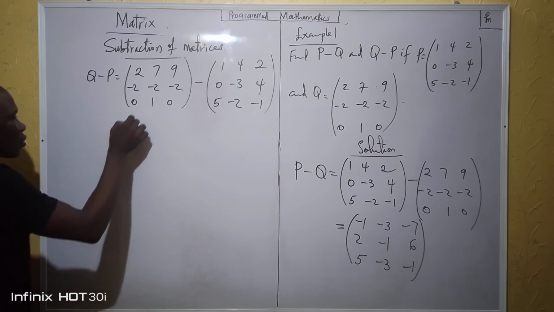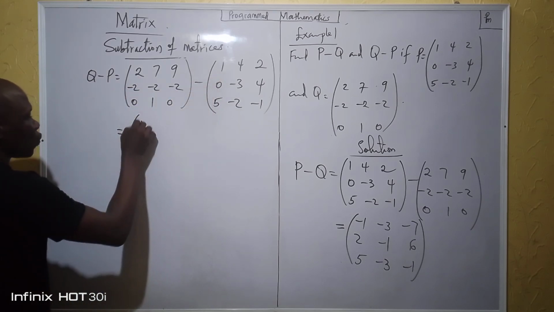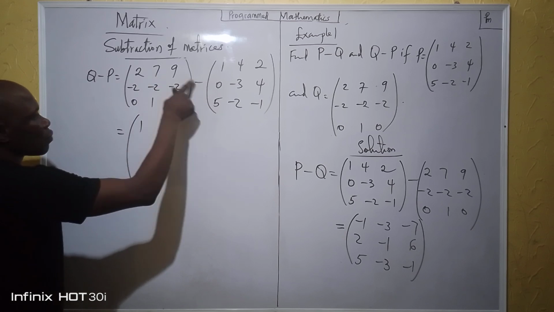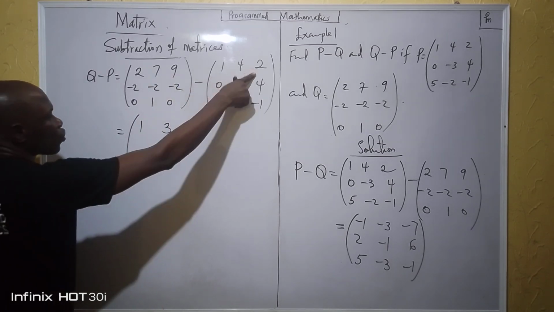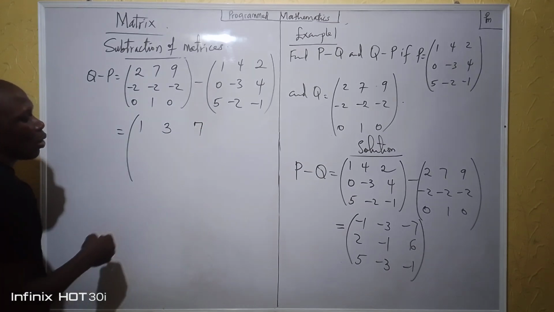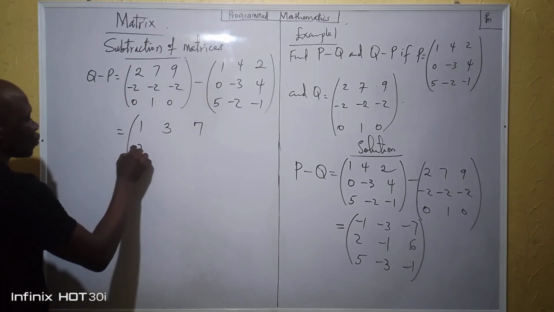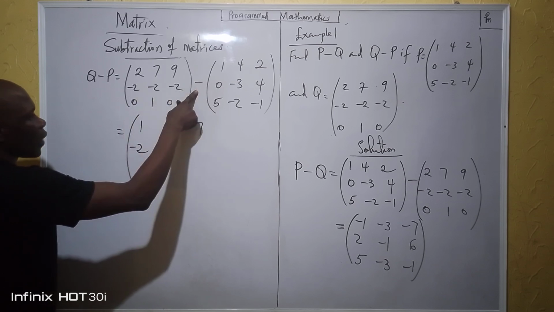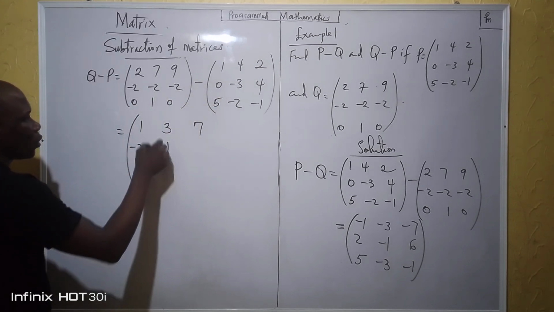So straight subtraction also from here. 2 minus 1 is 1. 7 minus 4 is 3. 9 minus 2 is 7. Then minus 2 minus 0 is minus 2. Minus 2 minus minus 3, that's minus 2 plus 3, that's 1.